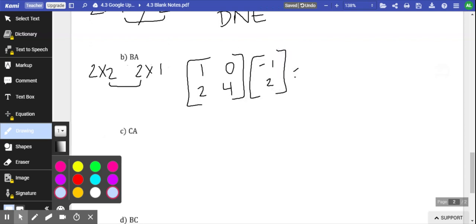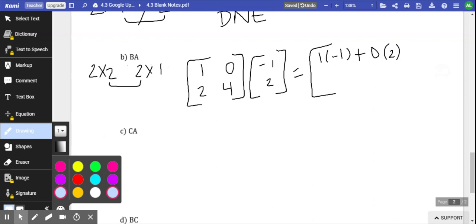All right, so we are going to multiply them together. So remember what we did earlier. We are going to take the first row and multiply it by the column. So we're going to have 1 times -1 plus 0 times 2. So that's the first element. Remember, it's going to be a 2 by 1, so we're just going to have 2 rows in 1 column.